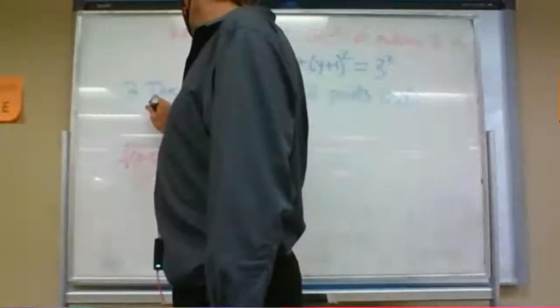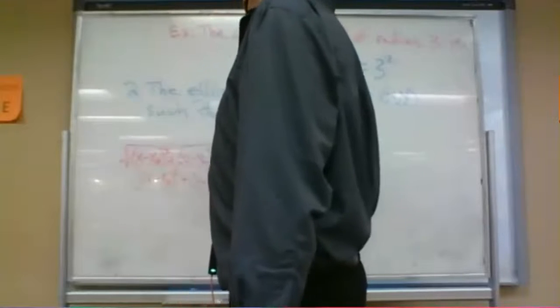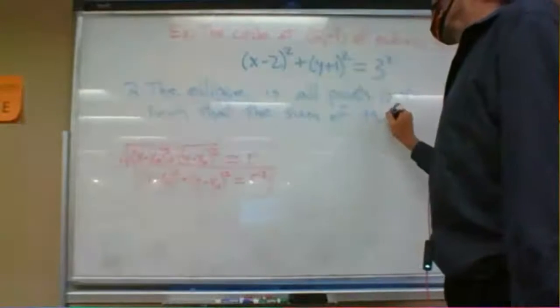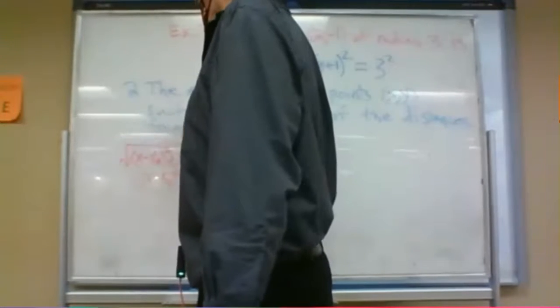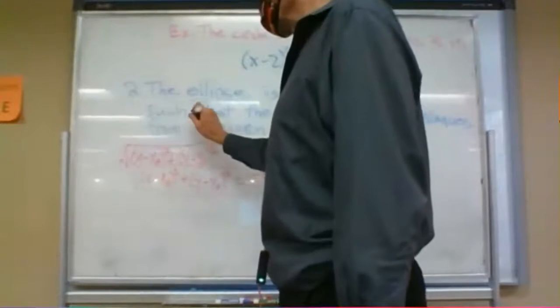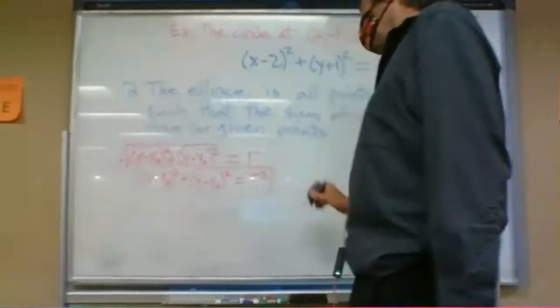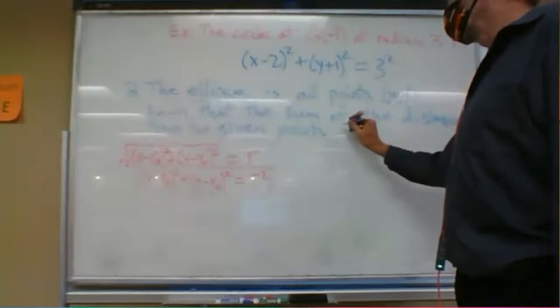But if you want, the ellipse is all points x, y such that the sum of the distances from two given points is called the foci.